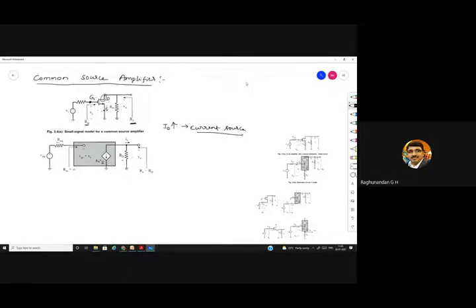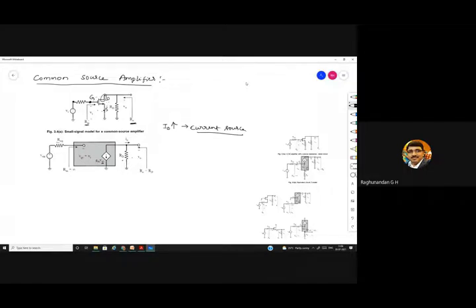When you consider the voltage between the gate and the source, it is almost the same, because you can see that for the input voltage we are connecting here, and the other terminal is grounded. Source is also grounded, and we have the gate terminal.